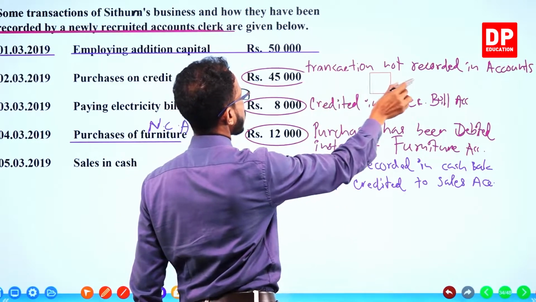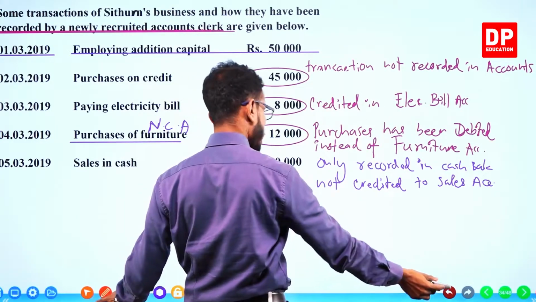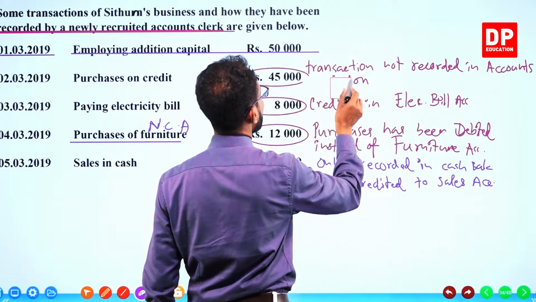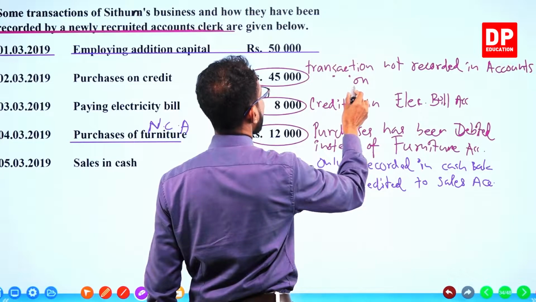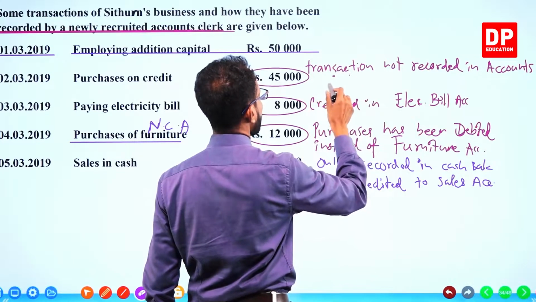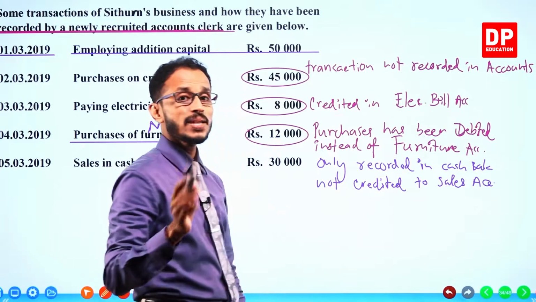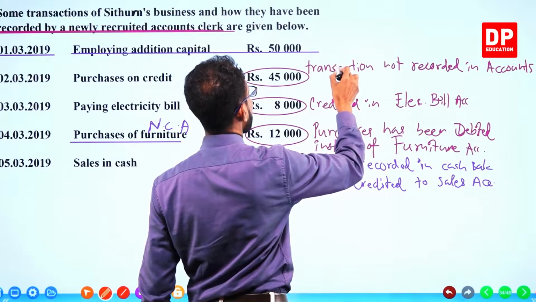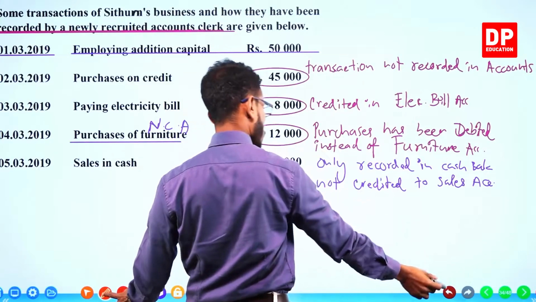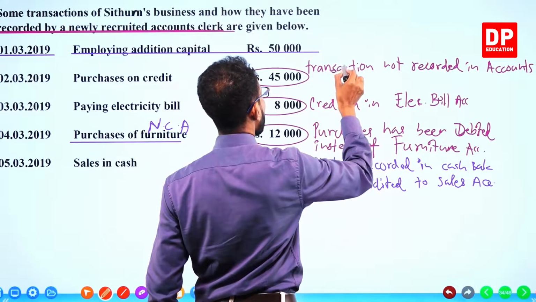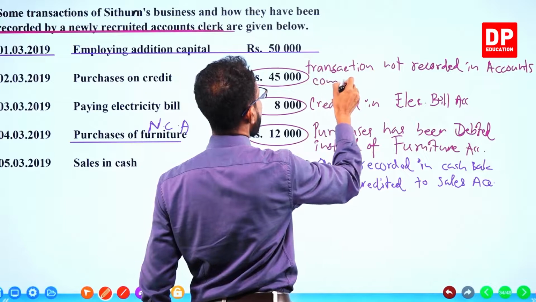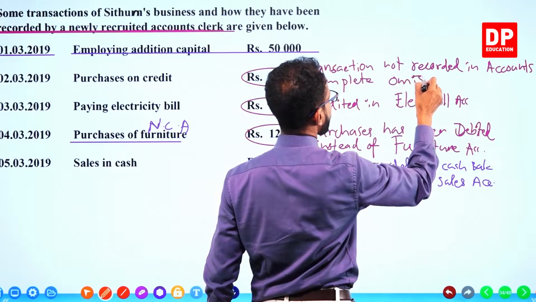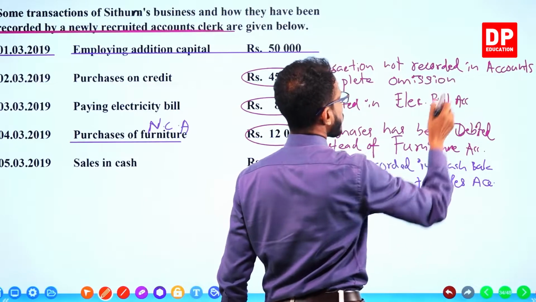You have to write complete omission of transaction. That's how you write.